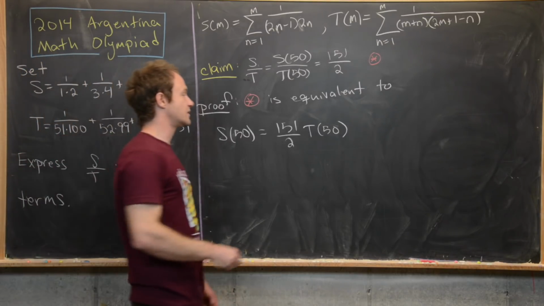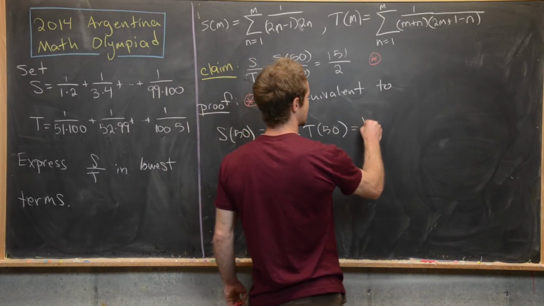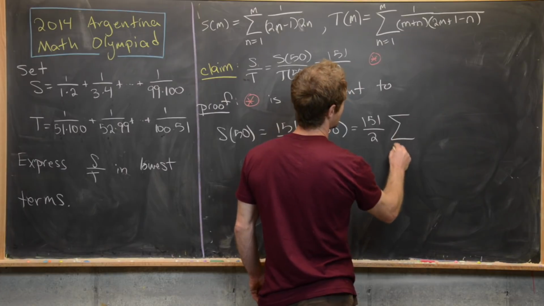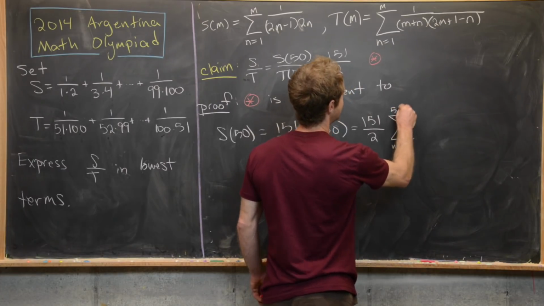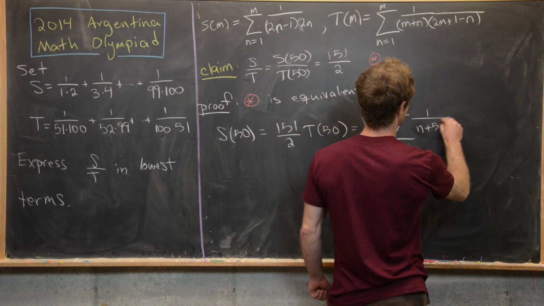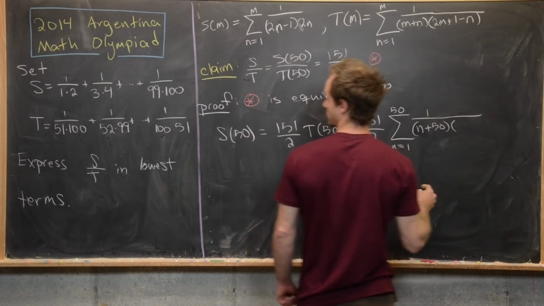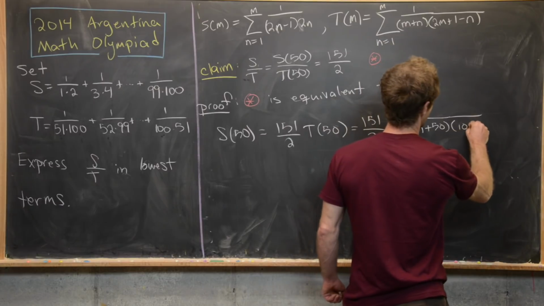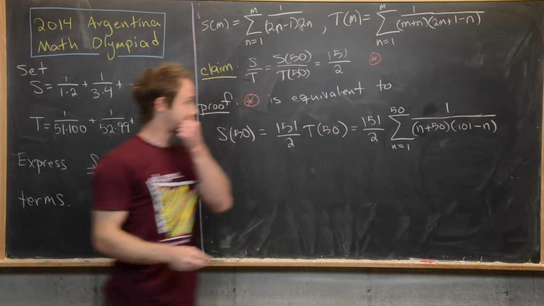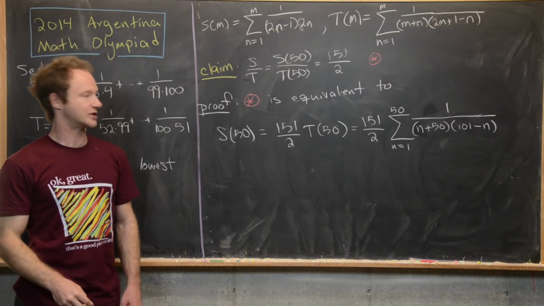And so notice that that is going to be the same thing as 151 over 2. And now we've got this sum as n goes from 1 to 50 of 1 over n plus 50, and then next we've got 101 minus n. Great. So that's the special case of our t function.